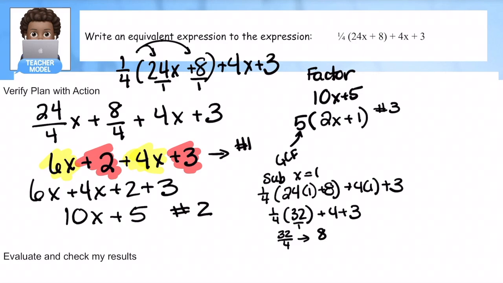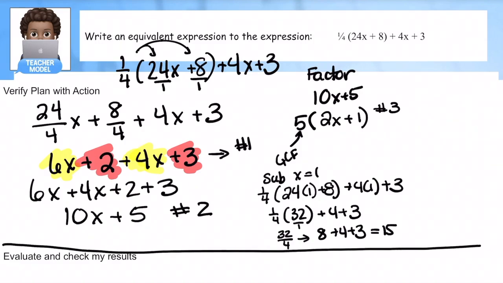Okay, so now I have 8 plus 4 plus 3. This is now just all adding. 8 plus 4 is 12. 12 plus 3 is 15. So our very first expression is equal to 15.